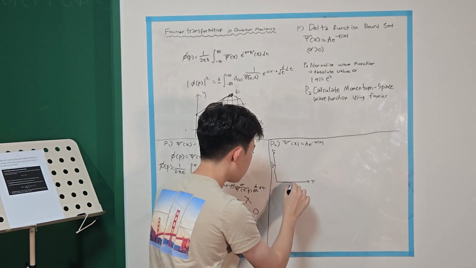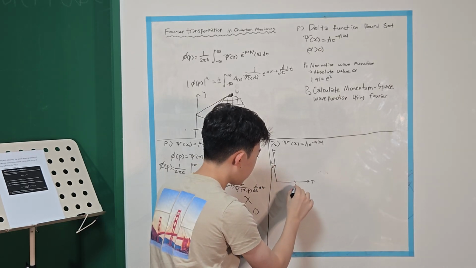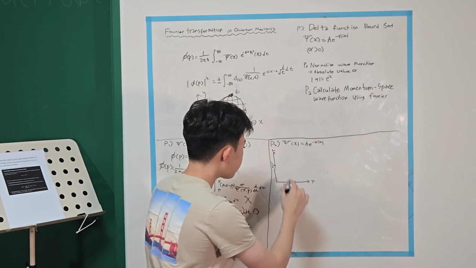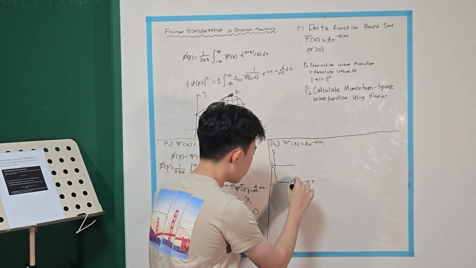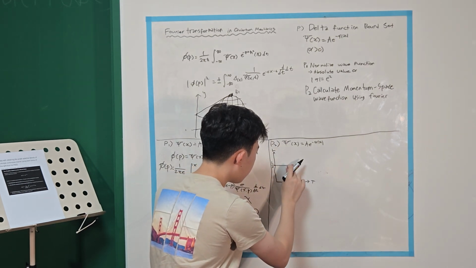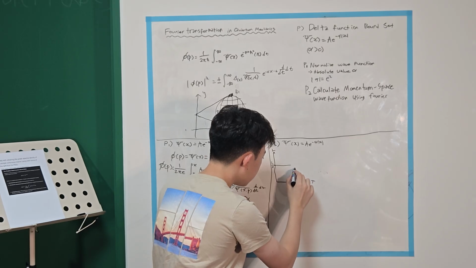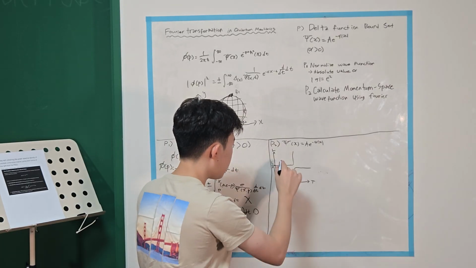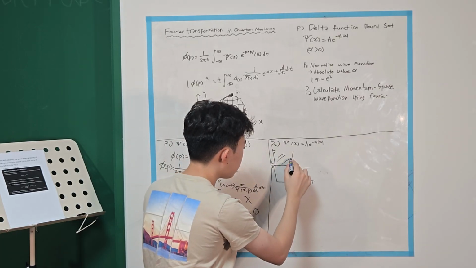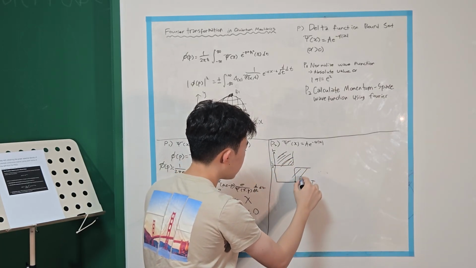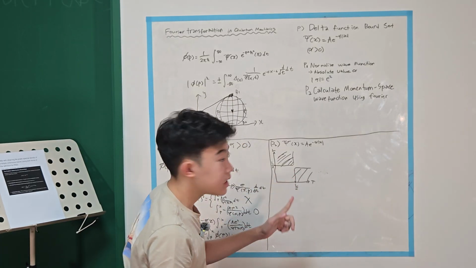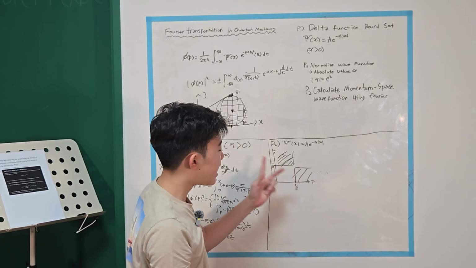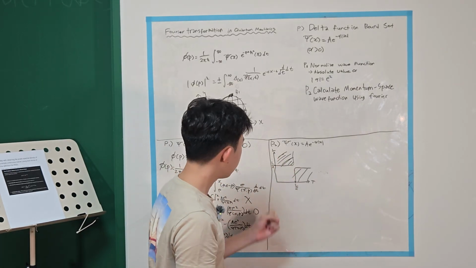2 over L, 2 over L. And we get this almost meeting each other, but in the end they go curved up. Like this. And this area right here is going to be the exact same area.